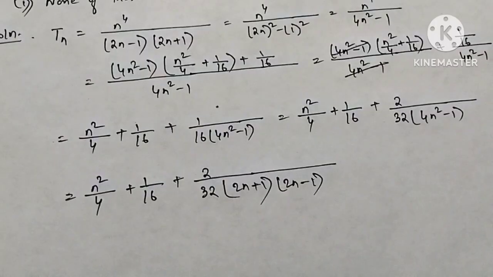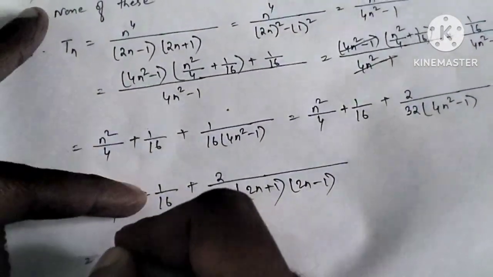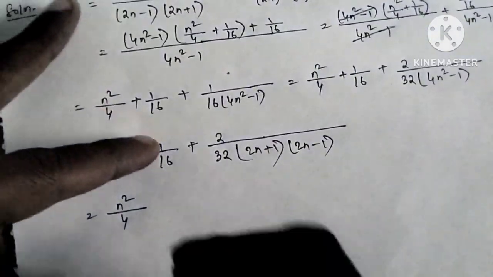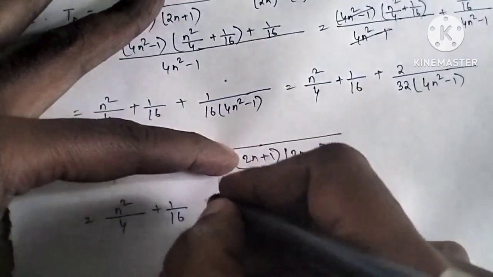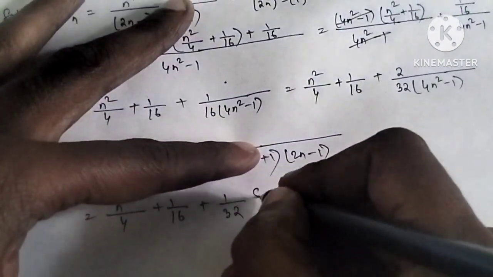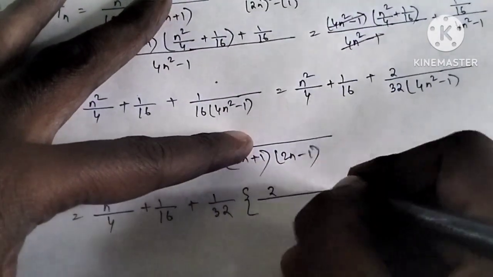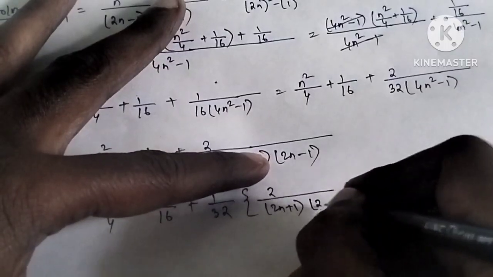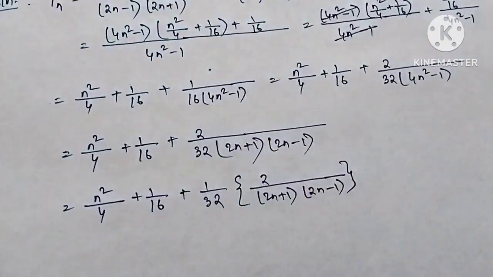Clear? So now what will I do? n square by 4 plus 1 by 16 plus 1 by 32 into 2 by 2n plus 1 into 2n minus 1. Clear?